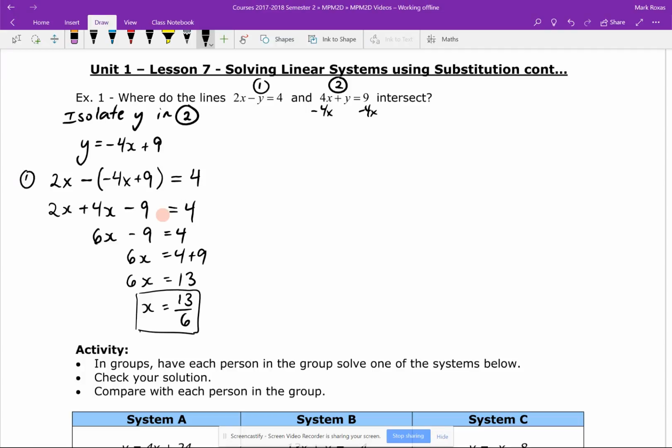Okay. So our next step here is going to be to substitute x from equation 1 and put it into equation 2.